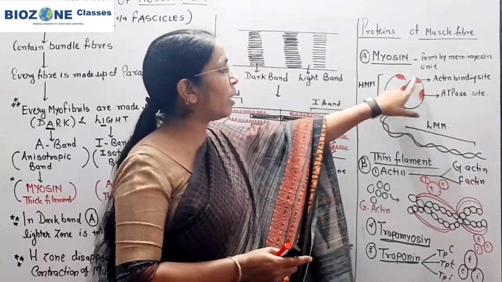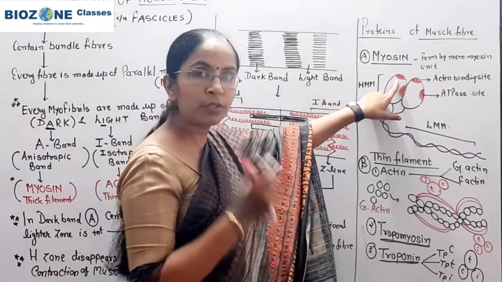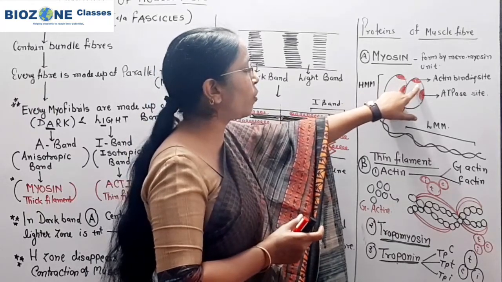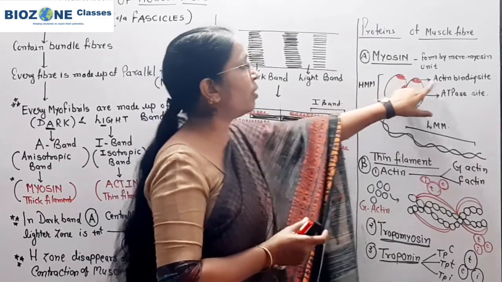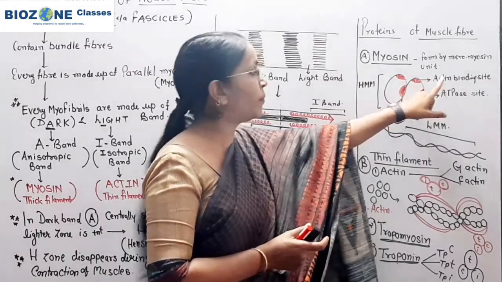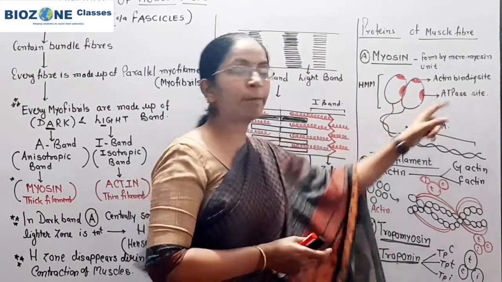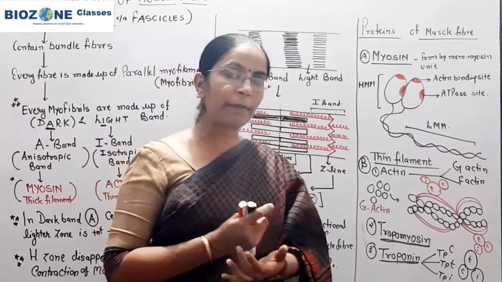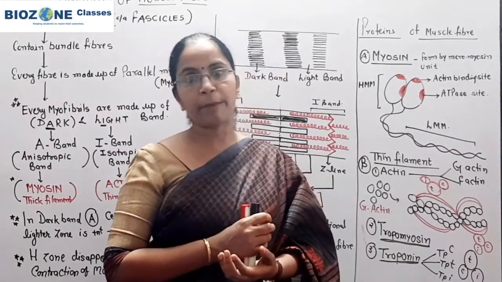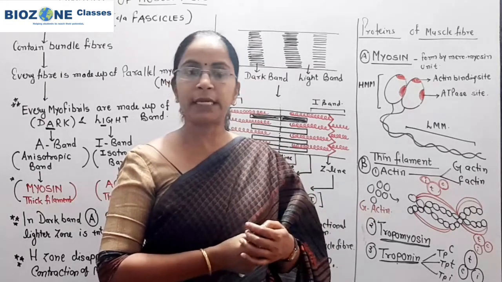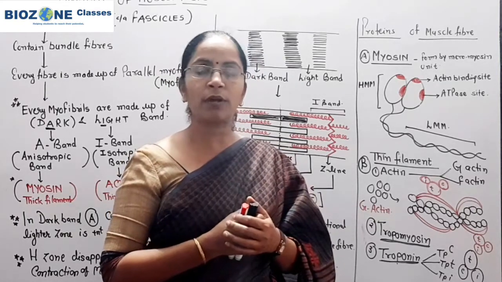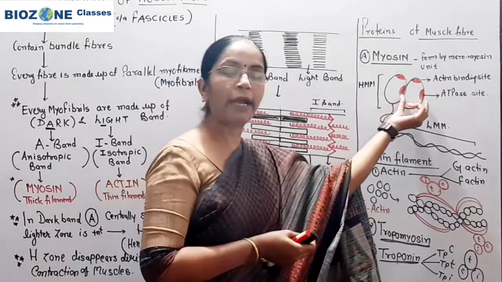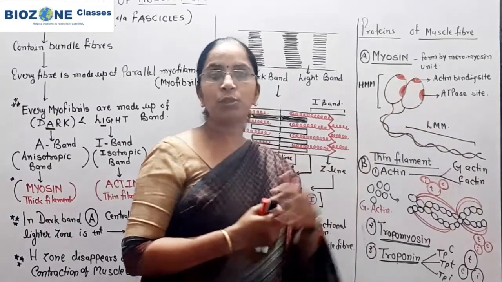So here we study the binding sites for actin. Over the head, in the dimer form, at the anterior end of the head you remember one actin binding site is there, and also an ATPase site or ATP binding site. You can say ATP binding site or ATPase site, because the ATPase enzyme is present here, and at the time of muscle contraction ATP is required, so ATP is present at these sites of the myosin protein.